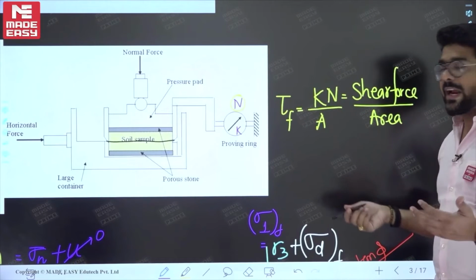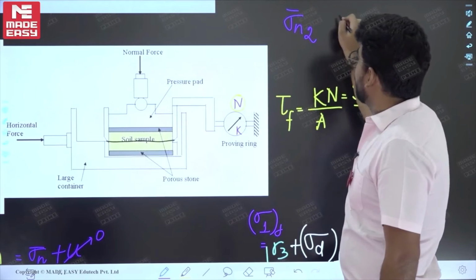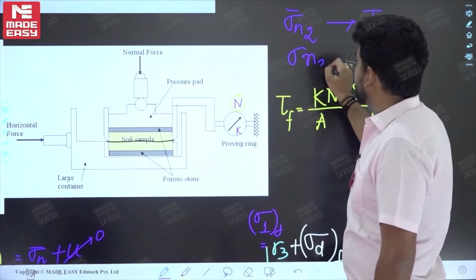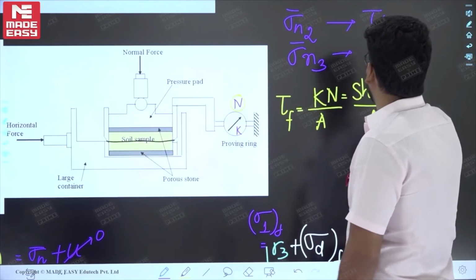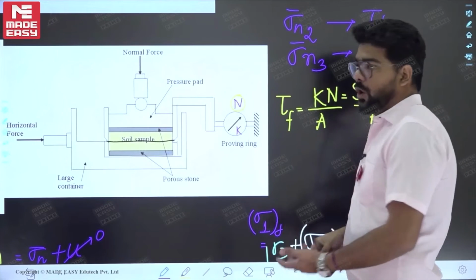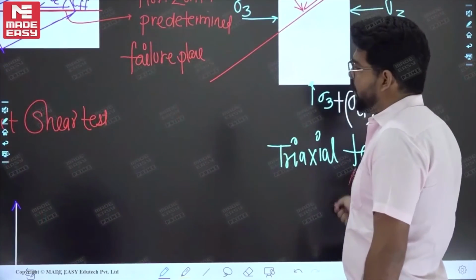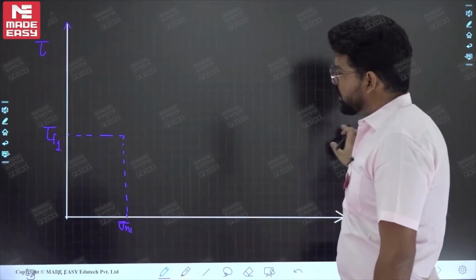So this is the second reading: corresponding to this sigma n2 bar, we will determine the tau f2. Similarly, for the third observation, a third specimen of the same soil, we will change the normal stress and correspondingly obtain the shear stress at the time of failure. Okay? So now these results we can draw over here on this curve. So this is the first observation.